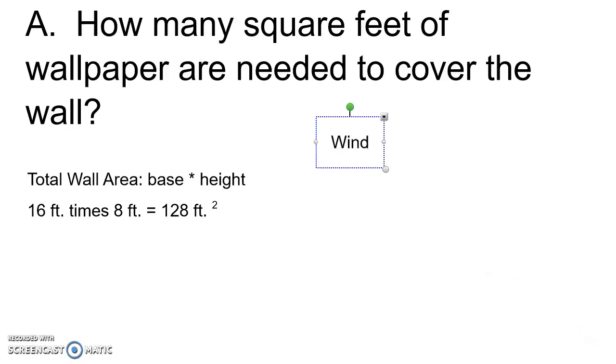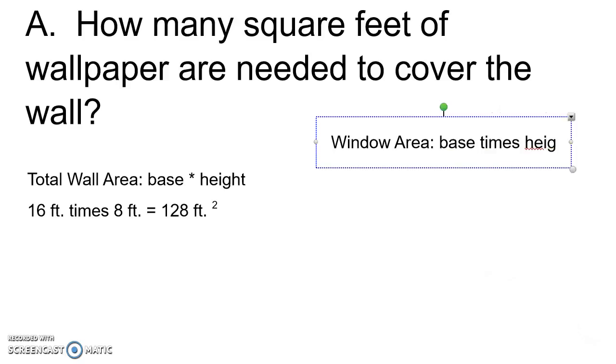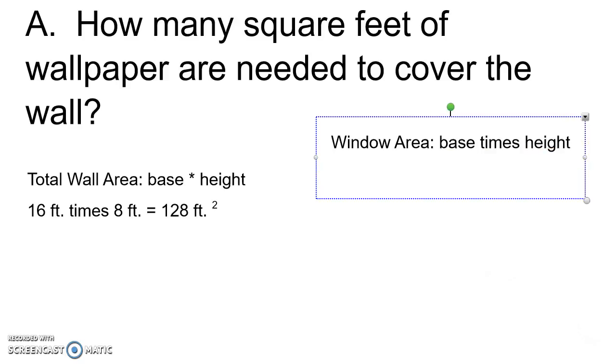So window area. I'm going to be doing base times height because it's a rectangle, which leads me to 14 feet times 1.5 feet. And you don't need to spell out the times on your paper. You can just use our dot symbol that represents multiplication.